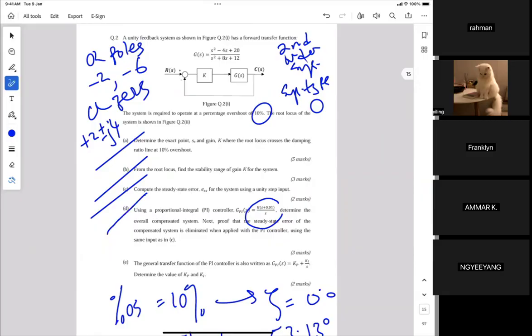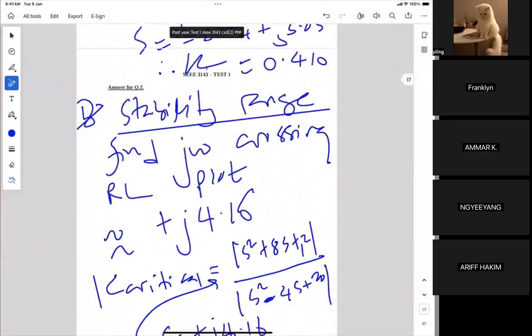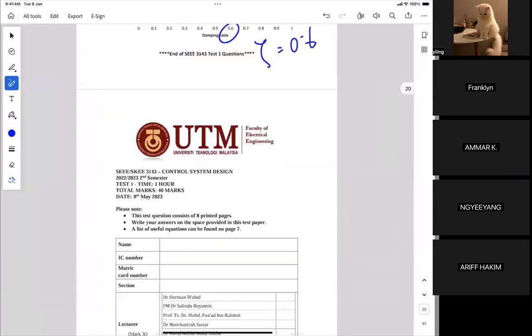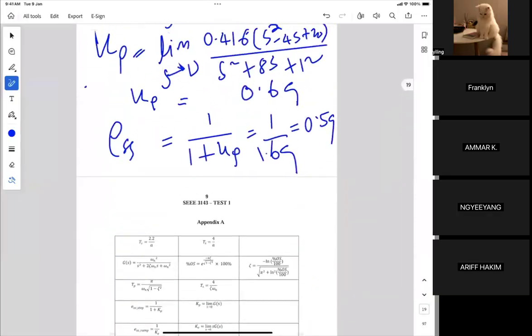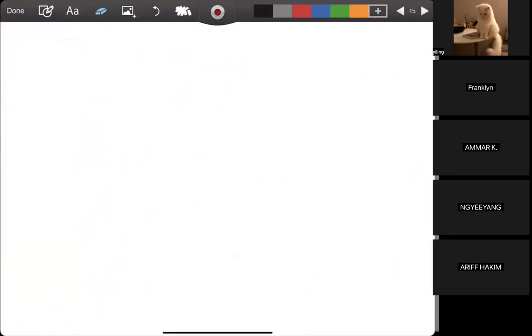So we just multiply je lah. Okay. Tak cukup ruang. So kita pindah sini. Okay. G overall, GPI multiplied by G.